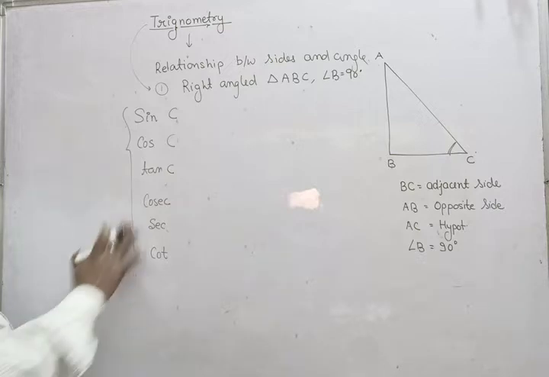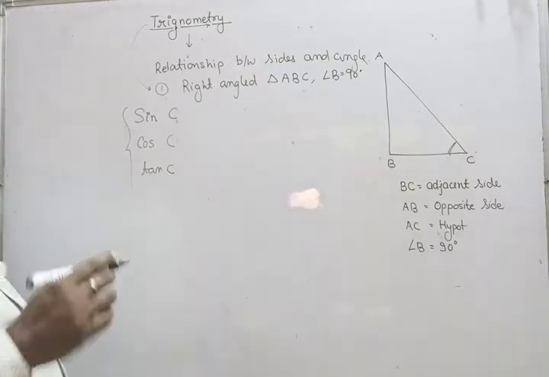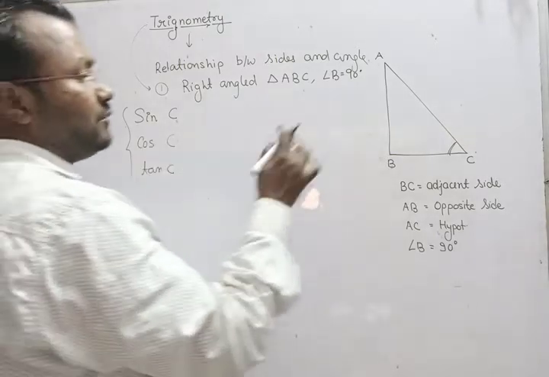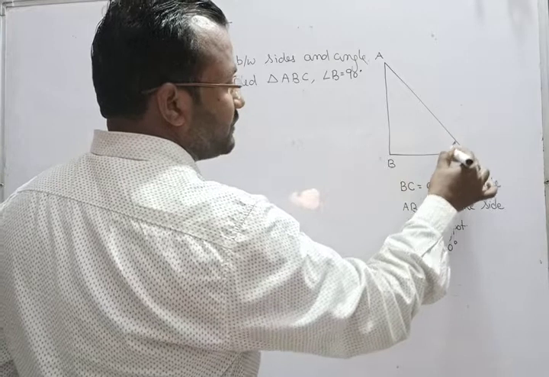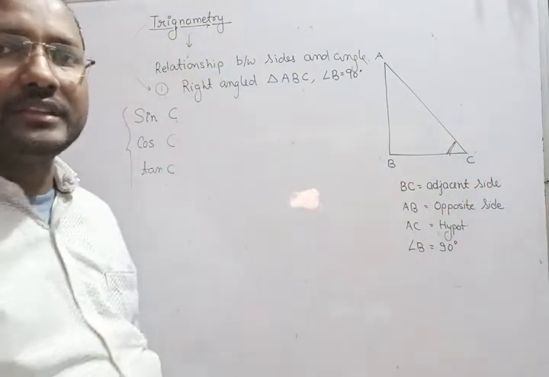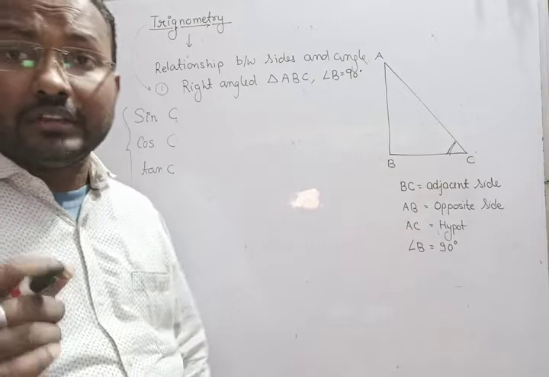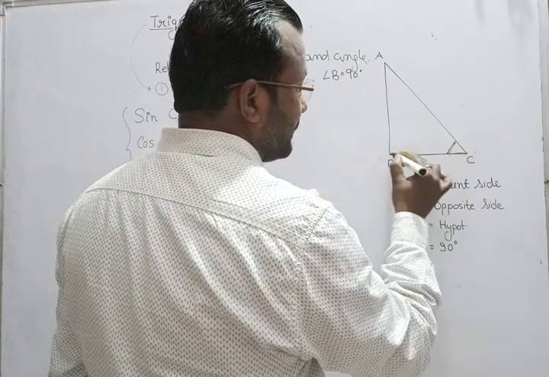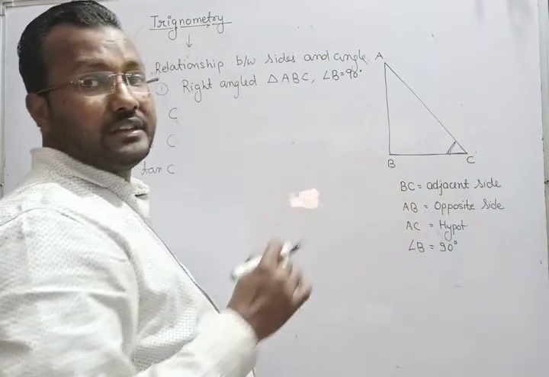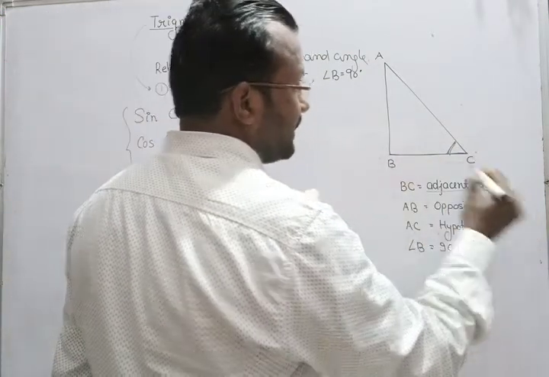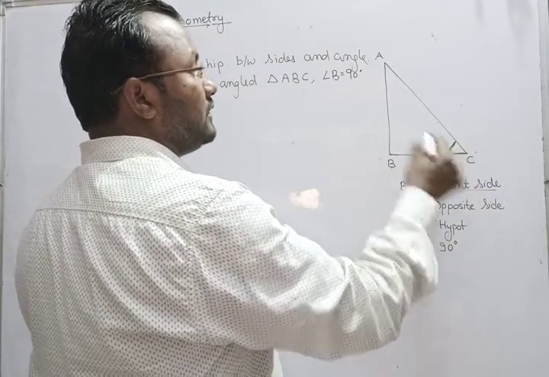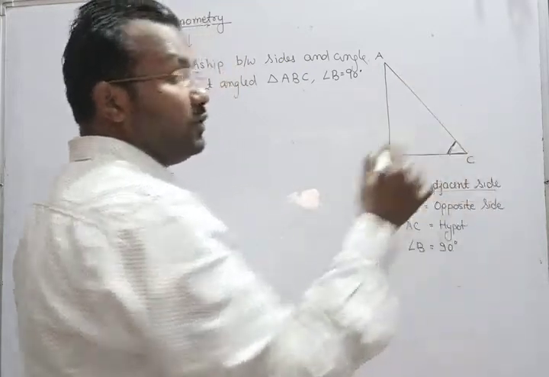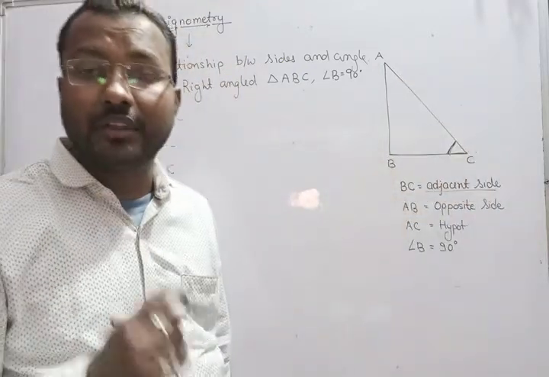Suppose these three identities are what we are working for: sine C, cos C and tan C. If we take this angle C for our observation, understand this very carefully: the side related to this angle, on which the angle is established, is called the adjacent side, and the opposite side to this angle, that is AB, is called the opposite side, and the longest side of the triangle is called the hypotenuse, right?